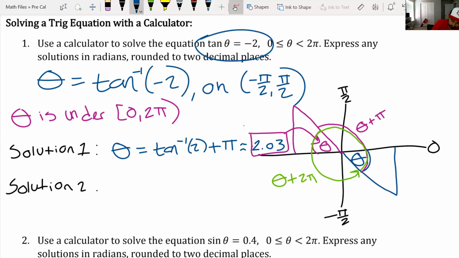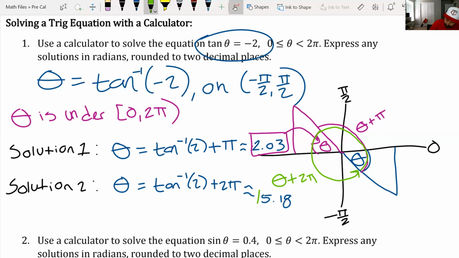So, solution 2: theta equals inverse tangent of -2 plus 2 pi. And that's going to give me 5.18. I'm going to put that in green because now that's the value of that theta. And of course, check your work. If I say the tangent of 5.18, I should get somewhere close to -2, right?